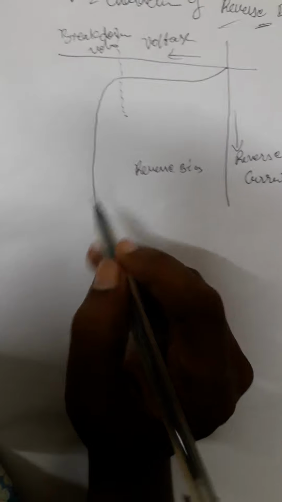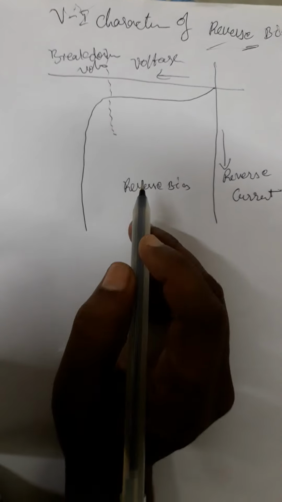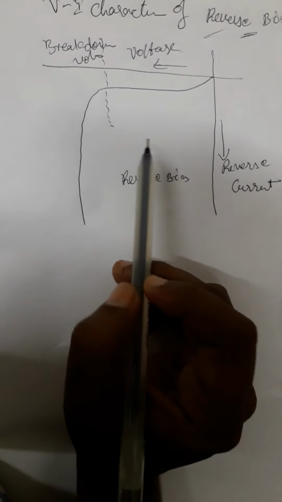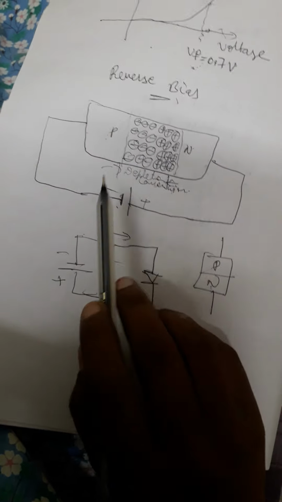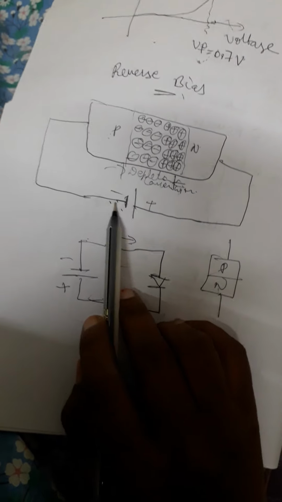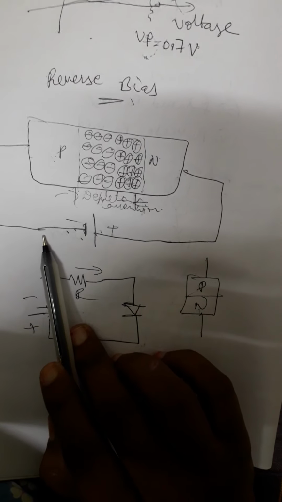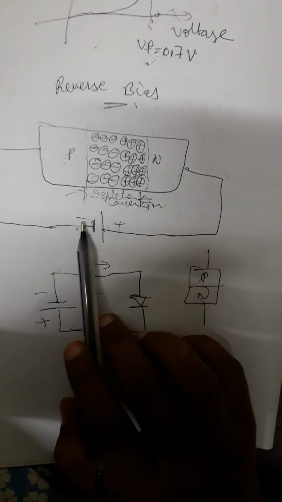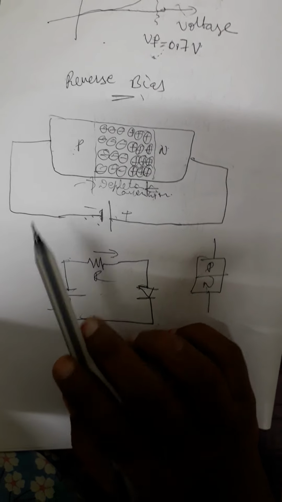I will repeat once again. The magnitude of reverse current is of the order of nanoamperes for silicon devices. When the reverse voltage is increased beyond the limit, then the reverse current increases drastically.